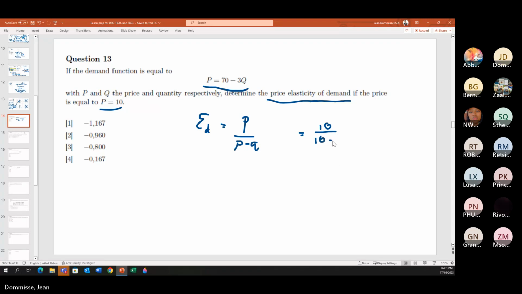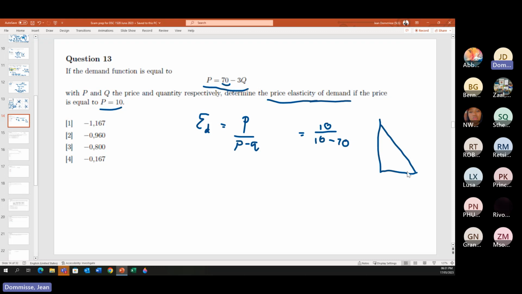And when your Q will be 70. So remember, again, if we look at the demand and supply function, where your cutoff will be. Also interestingly, when we looked at question 3, we had that supply and demand.